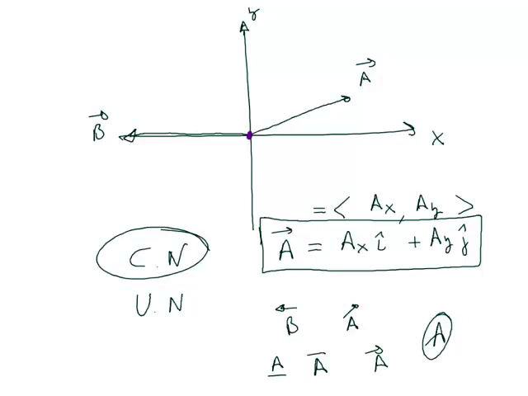So I can decompose vector B as vector B1, let me go all the way over here, plus vector B2. Perfectly fine. So B is equal to B1 plus B2.